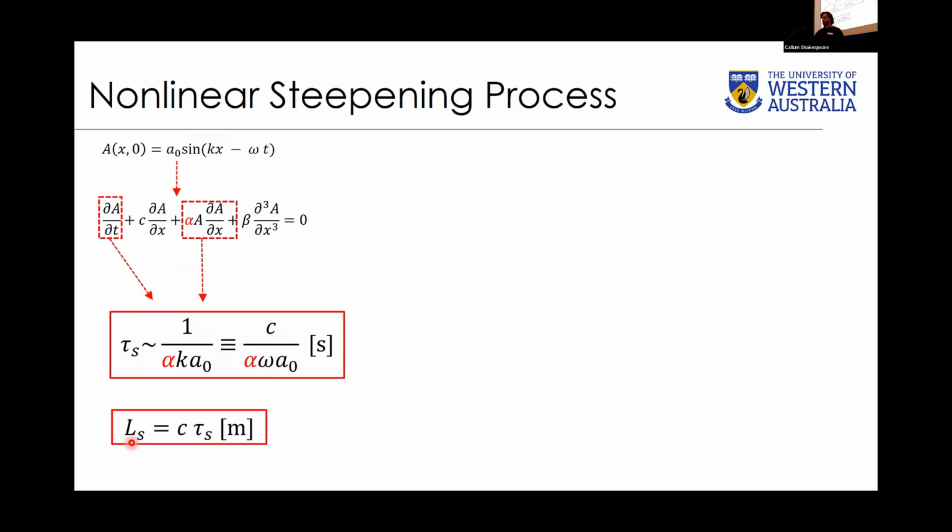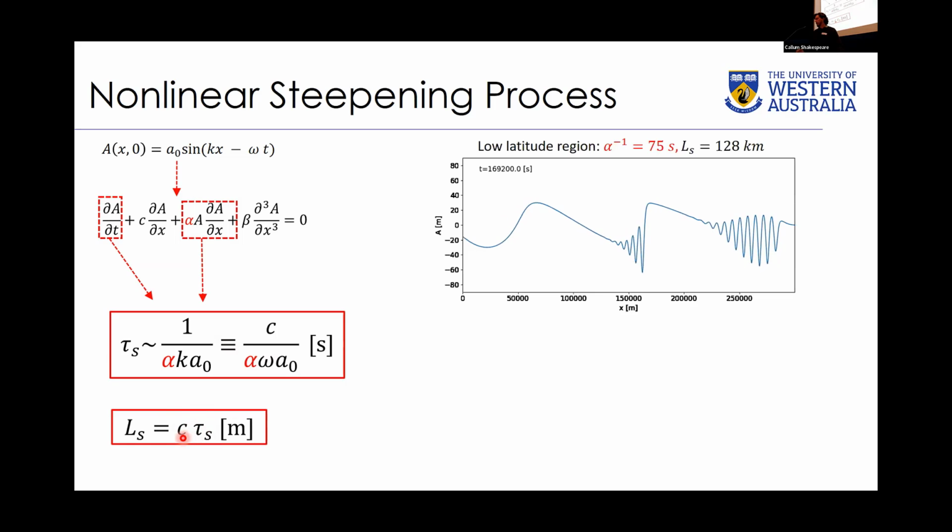And you can also think of it in terms of the length scale. So how long, how big your domain needs to be for this wave to steepen. So you multiply this by C again. Just looking at these numbers for the two regions, the inverse of alpha in the low latitude is 75 seconds, and this steepening length scale is 128 kilometers, given the boundary condition here.